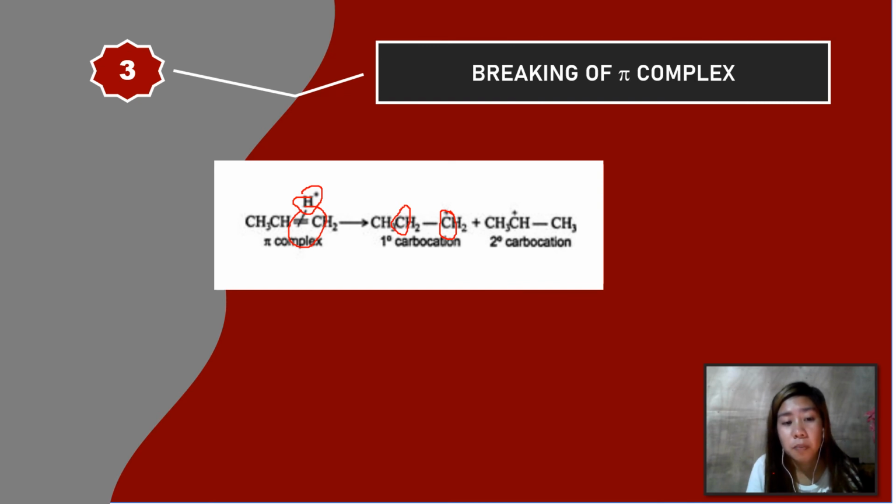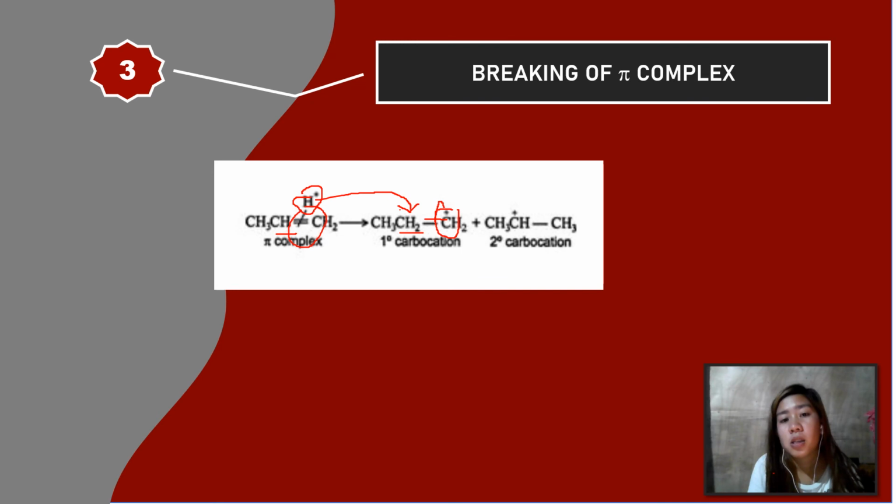We can see in this diagram that the first carbocation product was created because the hydrogen connects itself to the second carbon. So from CH here, it becomes CH2. Then the first carbon here undergoes protonation. It gains a proton because the pi bond was broken.